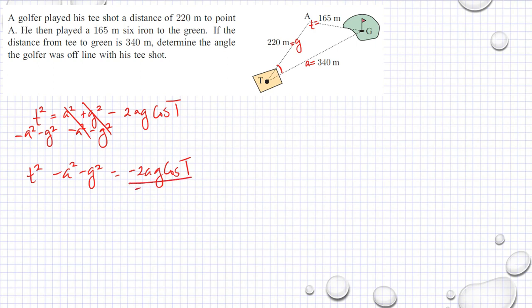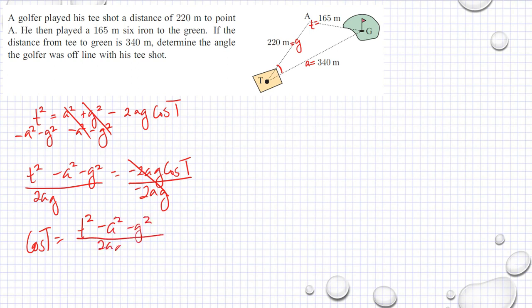And if we divide both sides of the equation by 2AG, then we have cosine T is equal to T squared, or cosine T, sorry, minus A squared minus G squared divided by 2AG.